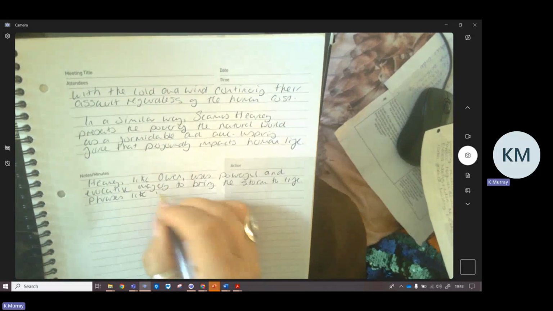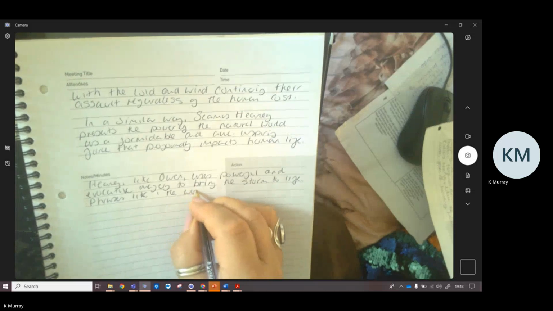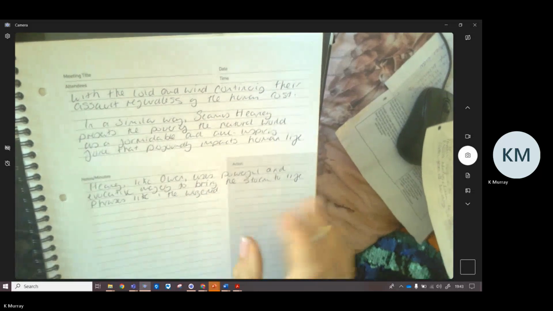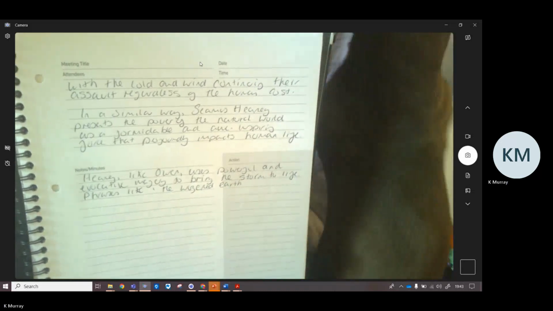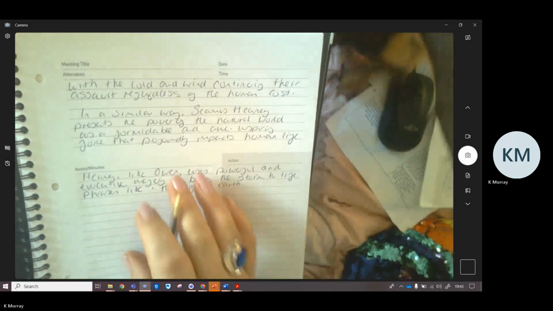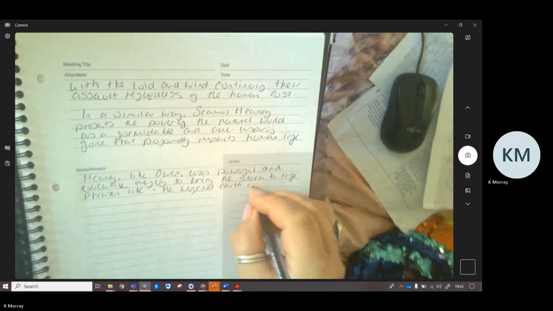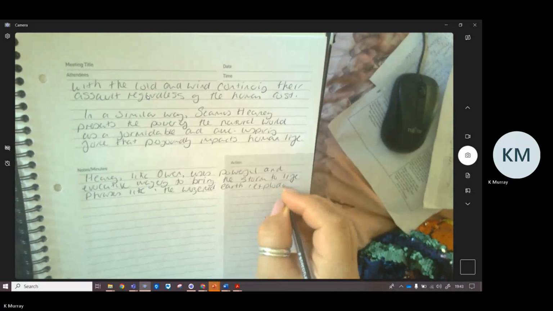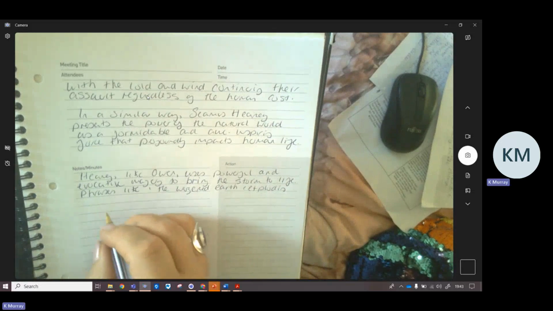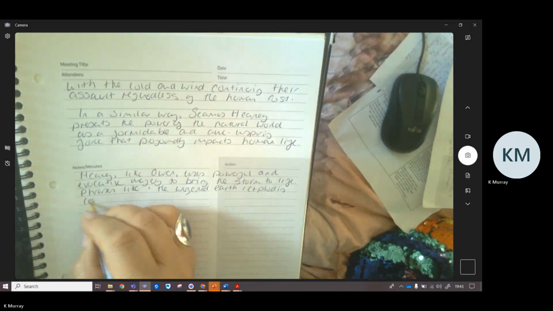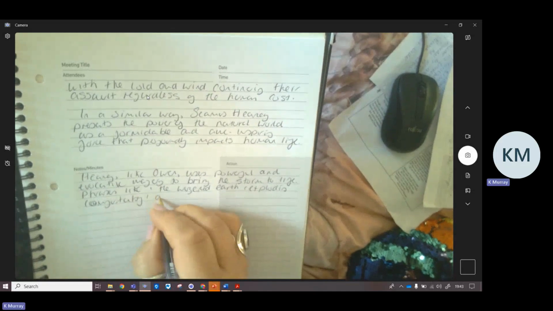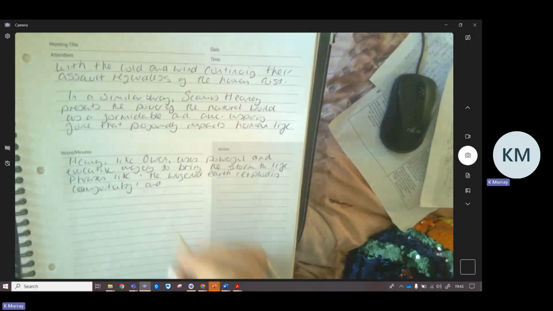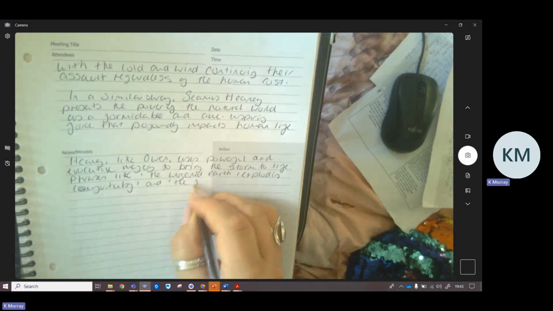the wizened earth, exploding comfortably, and the flung spray.